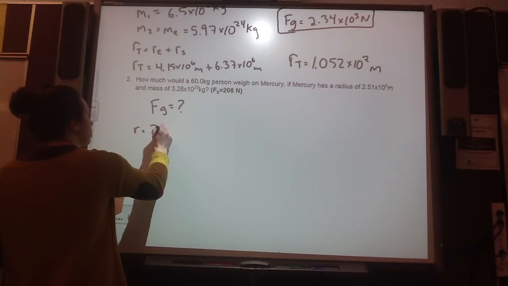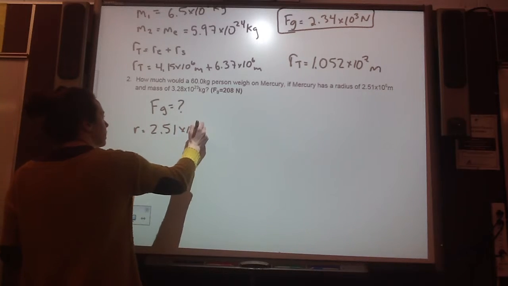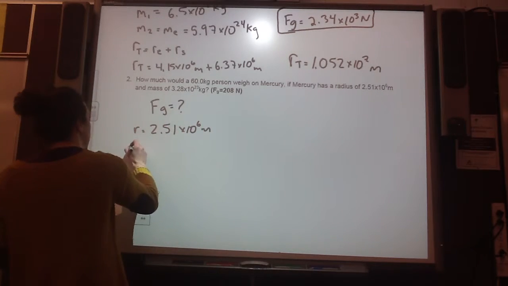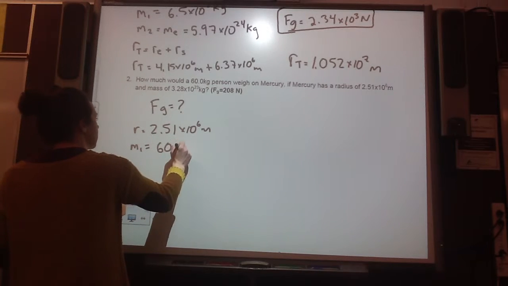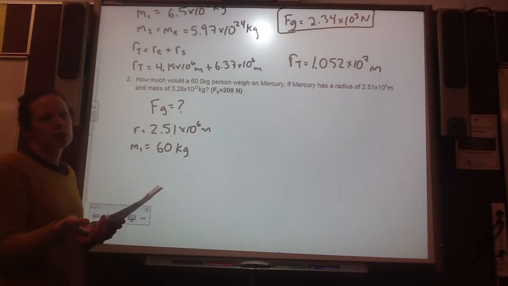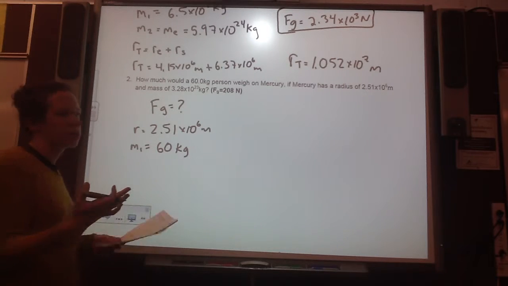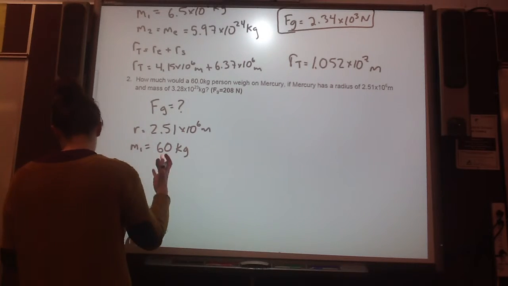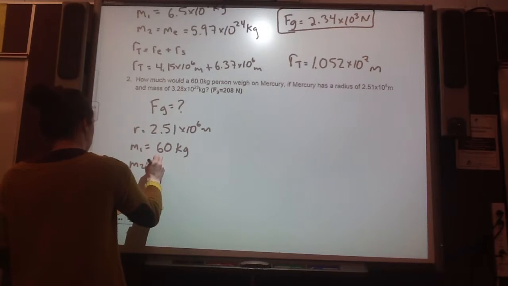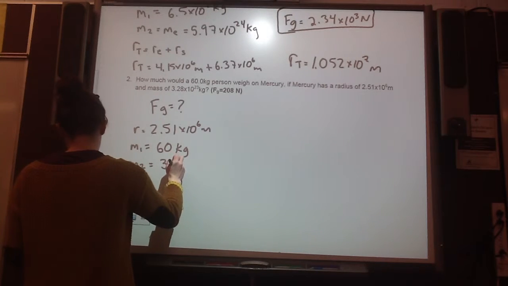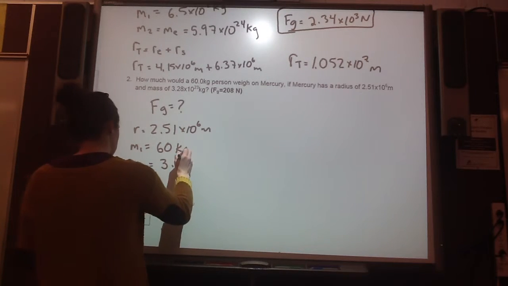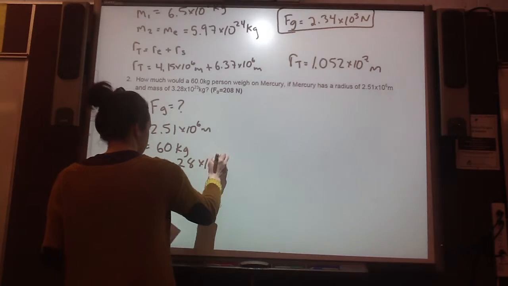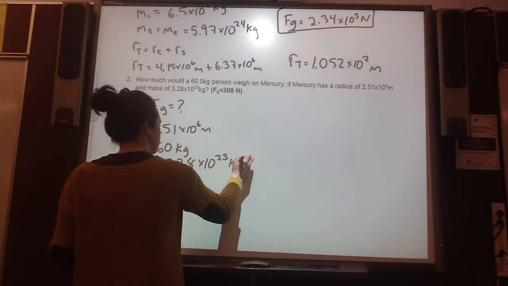R, I'm told, is 2.51 times 10 to the 6 meters. Mass 1, I'm going to say, is the person, 60 kilograms. It doesn't matter which one you choose as M1 or M2, it's going to be the same value as your answer. And mass 2 will be my planet, which is 3.28 times 10 to the 23 kilograms.